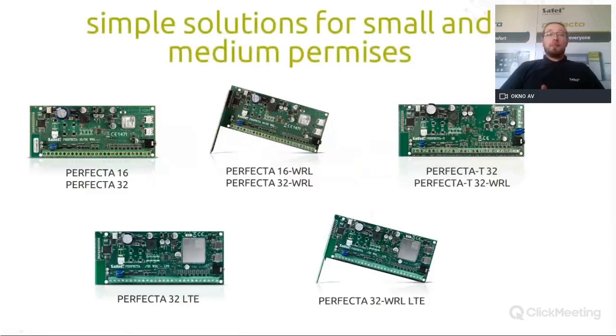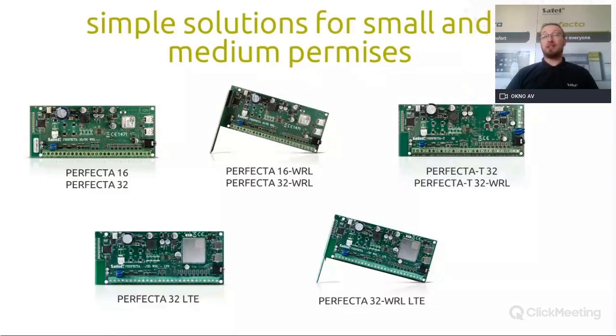So Perfecta was designed as the entry-level security system. So it's for small and medium installations. It supports up to 2 partitions and up to a maximum of 32 zones. In this family of panels, we have 5 different types that you can see.